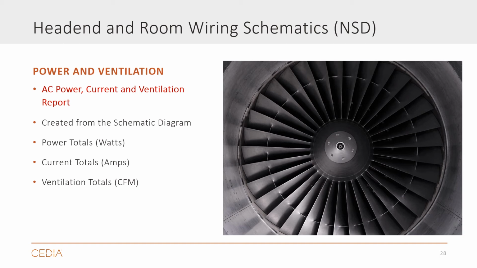So by analyzing the current and power usage of the devices in our drawings, we engineer the systems to not exceed the maximum allowable current and power for our service panels and power management devices. Let's take a closer look.